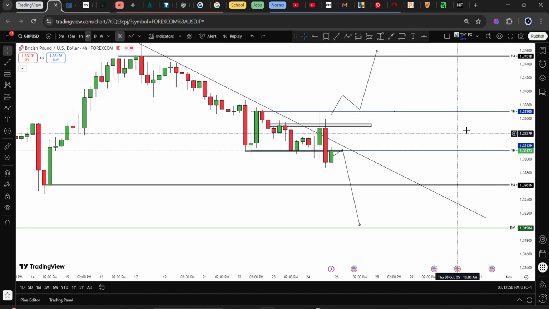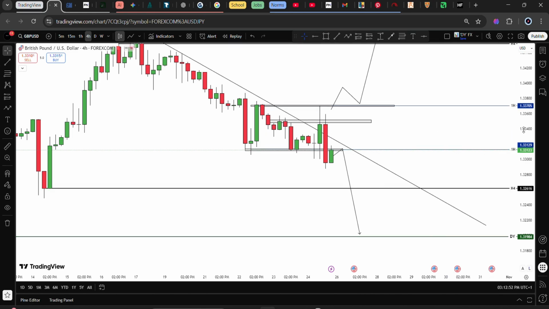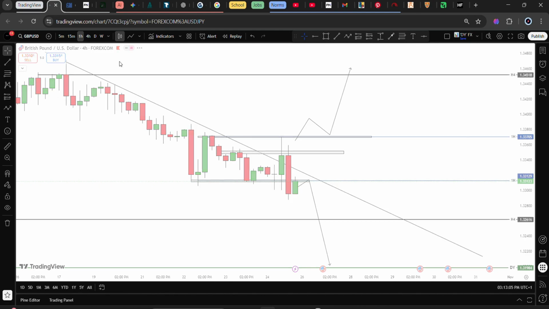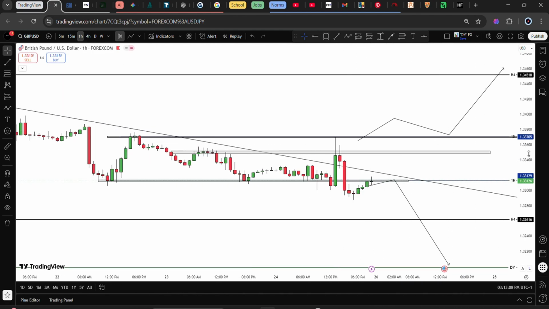So why will I be buying this pair? I will only look for buy entries on GBP USD when the market closes above my resistance level here, which is 1.33705. Let me go to the 1 hour time frame, because you can see the zone was marked on the 1 hour time frame.